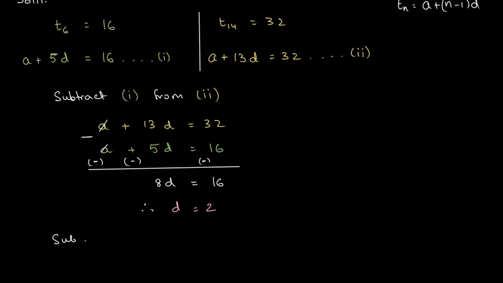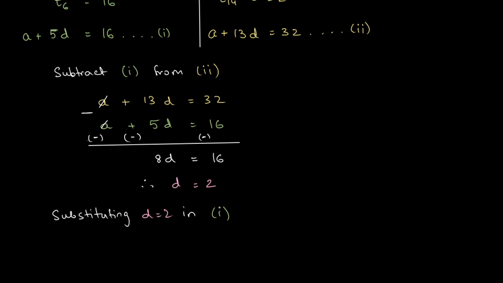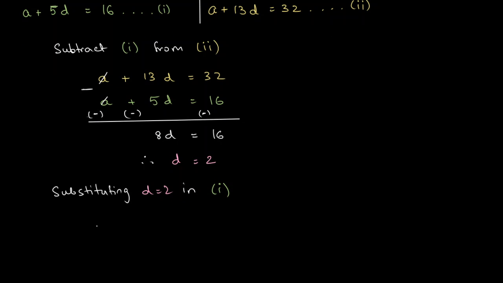Now, substituting D is equal to 2 in equation, which one? Let's substitute that in equation number 1. Substituting D is equal to 2 in equation number 1, I get A plus 5 into 2 is equal to 16.